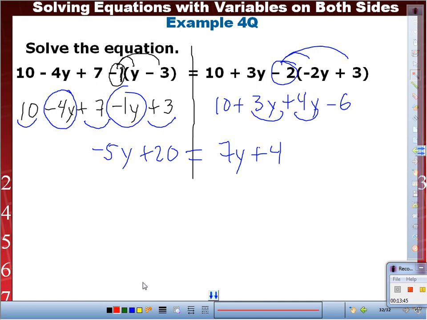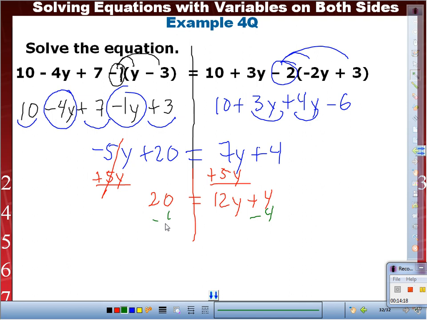What do I do from there? Add 5y to each side, because that's the smallest variable. We need to get all variables to one side. 20 equals 12y plus 4. Continue, Jesse. Subtract 4.